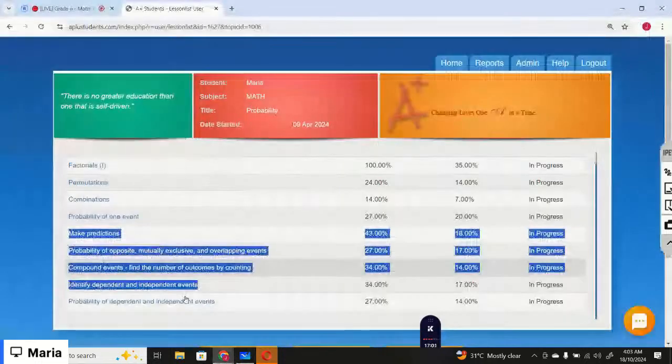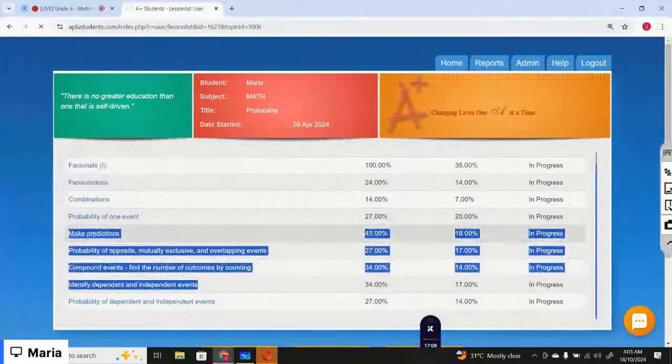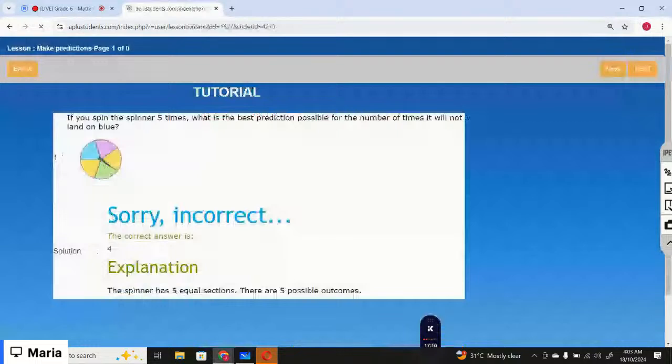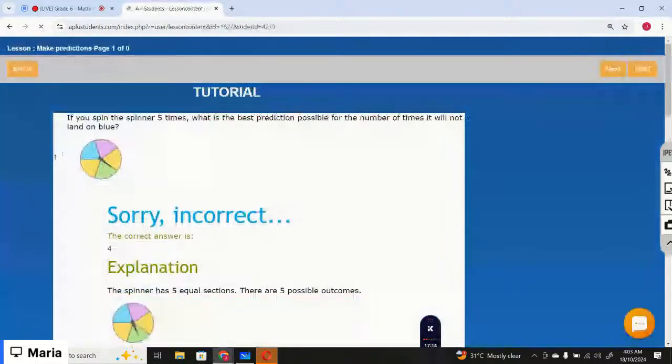Here I am on grade 6 math. The chapter we are on right now is probability. Let's just start with the lesson predictions. If you spin the spinner 5 times, what is the best prediction possible? It will not land on blue.